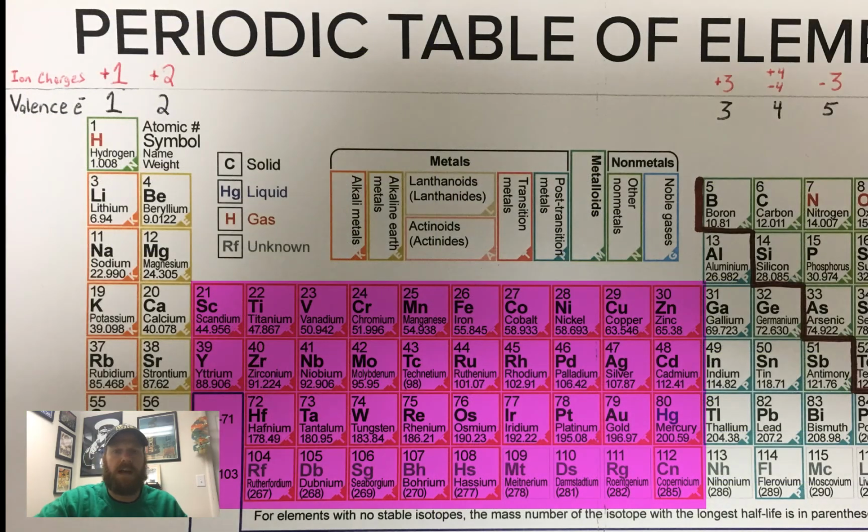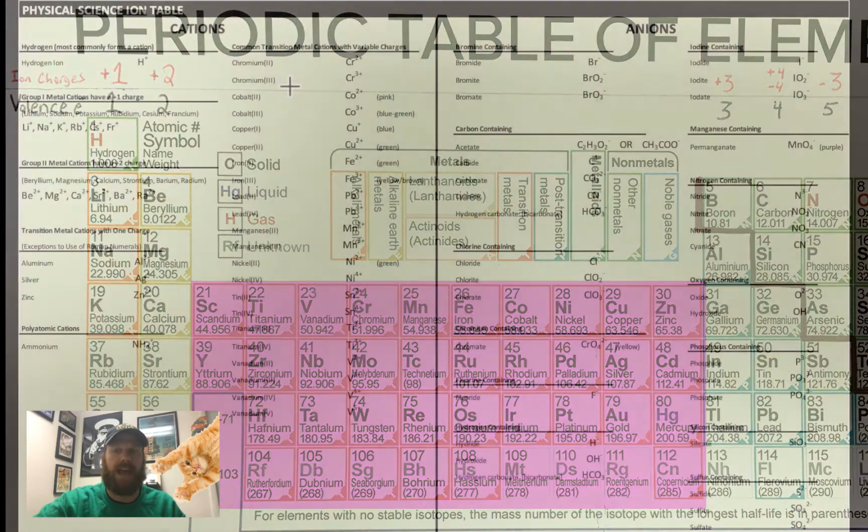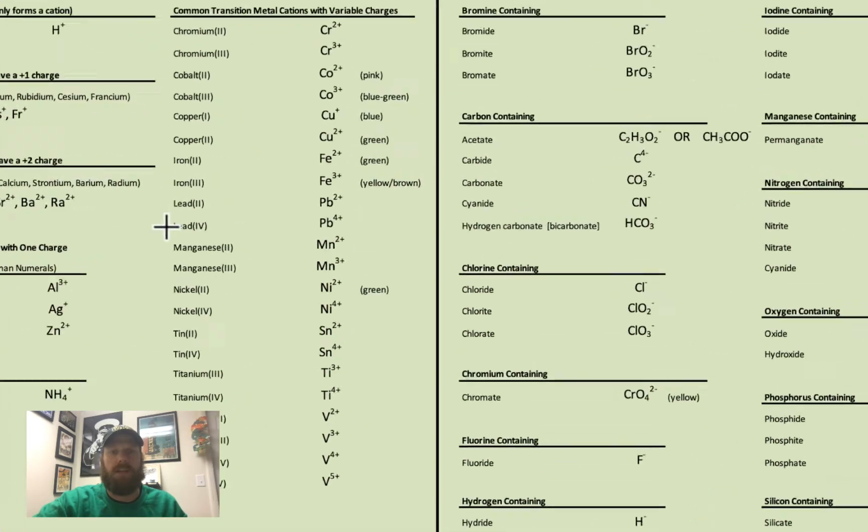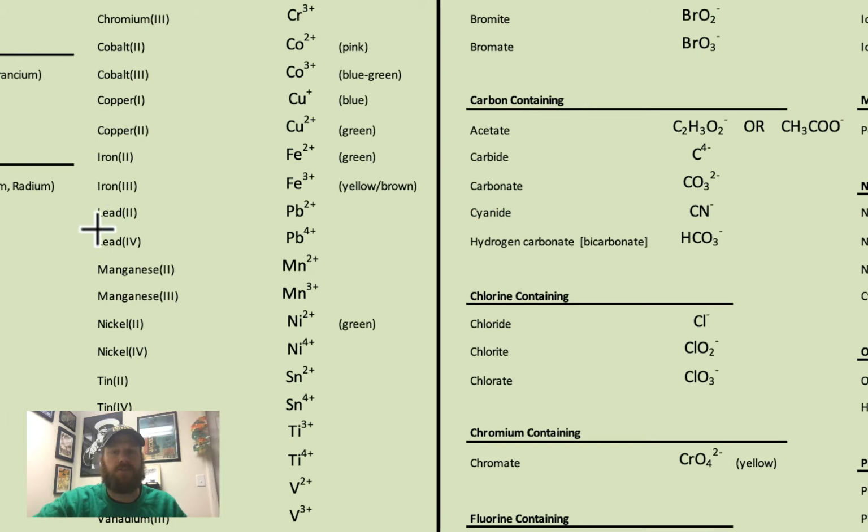Transition metals occupy that central block on the periodic table. Transition metals are unique in that these metal atoms could lose different numbers of electrons to form a cation. For example, lead atoms could lose either 2 electrons to form lead 2+ cations or 4 electrons to form lead 4+ cations.